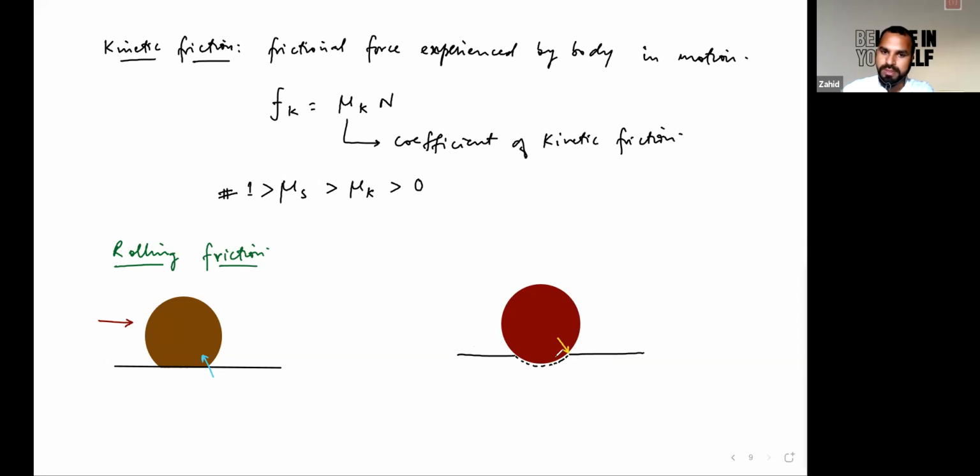Let's say it is going in this direction with some external force F. Some amount of this force gets utilized in deforming the surface according to its shape. In both conditions, some amount of force is getting wasted in deformation of the wheel or the surface. This loss in force due to deformation is termed rolling friction. Is it clear?